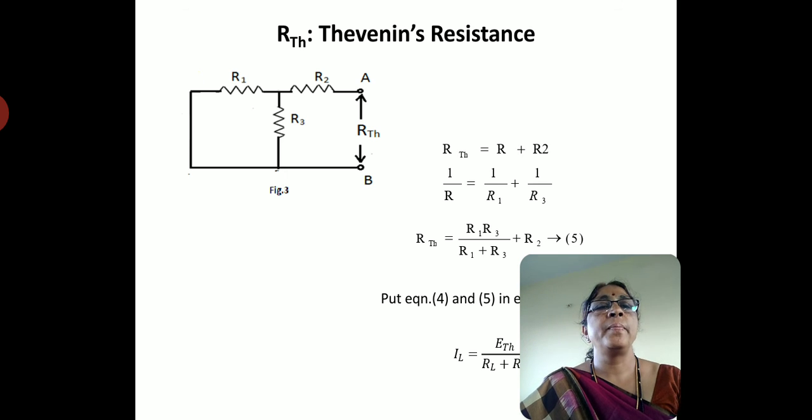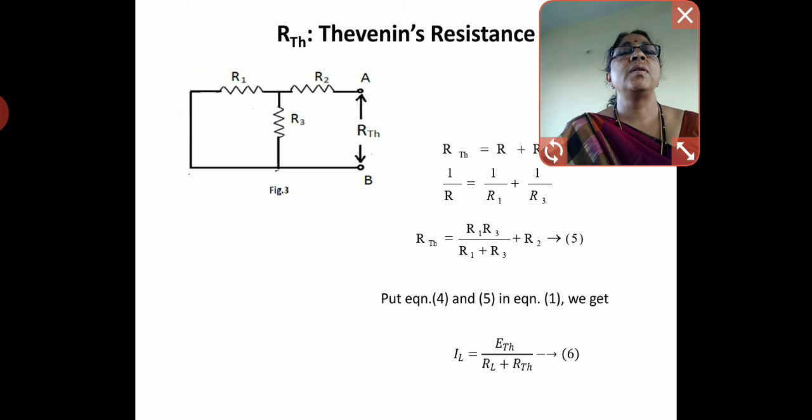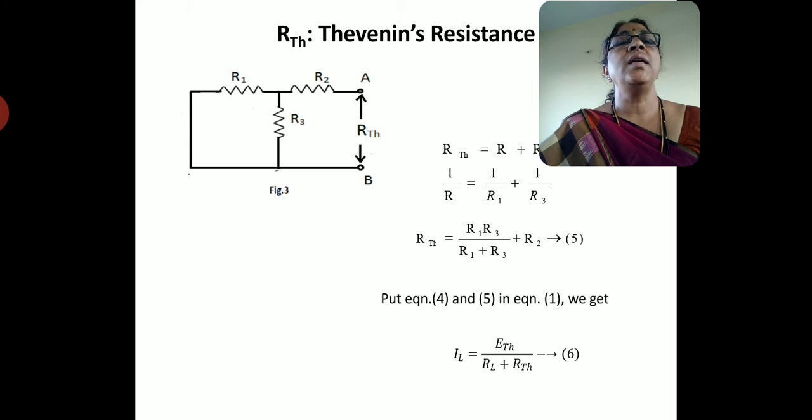And now, put equation 4 and 5 in equation 1. We get the equation, that is IL is equal to ETH divided by RL plus RTH. Say this is equation 6.